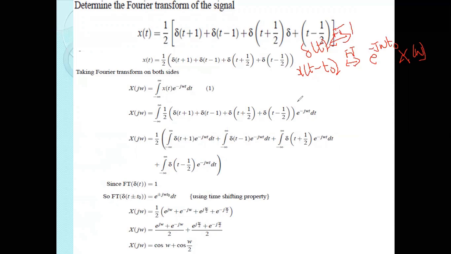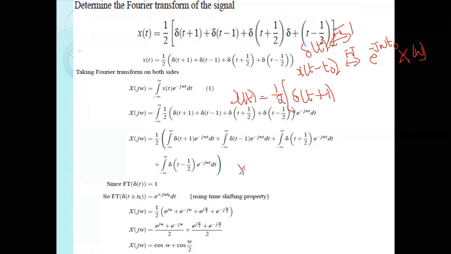1. So now the Fourier transformation of the first function, x of t: 1 by 2 multiplied with delta of t plus 1. What is delta of t plus 1? Shifting of one sample to the left side.